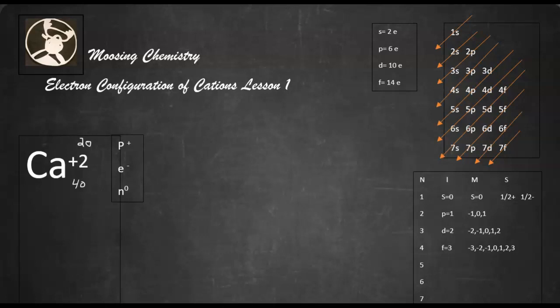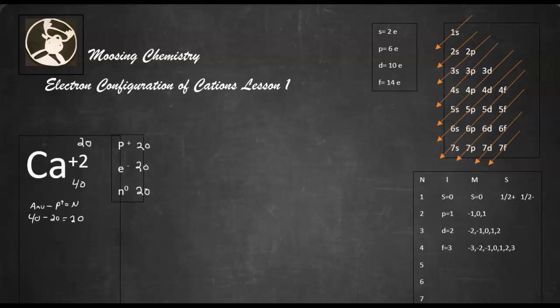Normally calcium has 20 protons, 20 electrons, and of course 20 neutrons. We got the neutrons from the AMU minus the protons equals the neutrons. So that would be 40 minus 20 to give us 20.